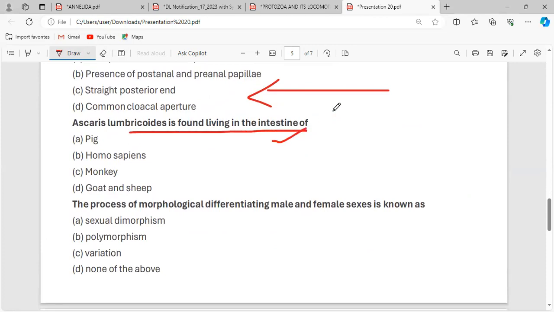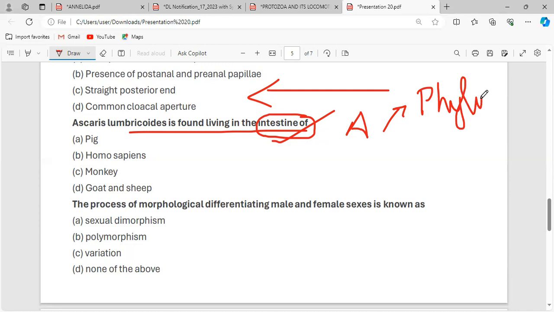Ascaris lumbricoides is found living in the intestine of humans. What you have to know is what Ascaris is, which phylum it has been placed under, and what the common name for that phylum is. And what is its life cycle?